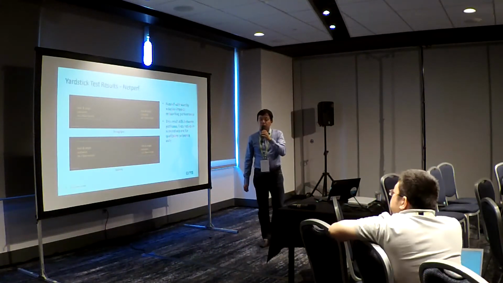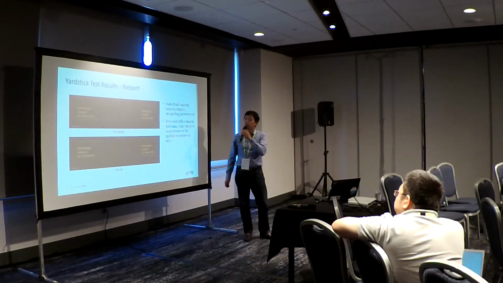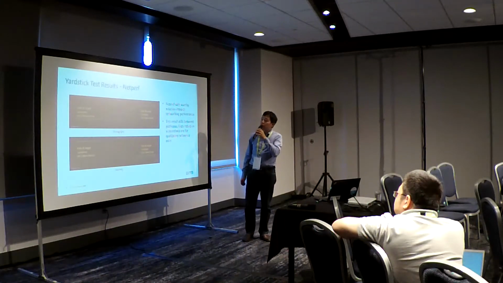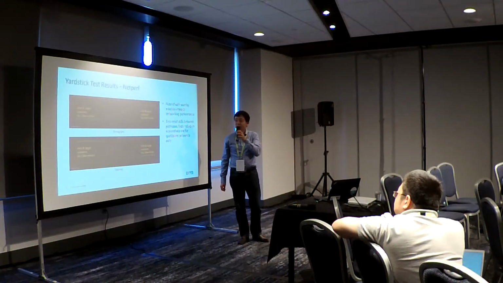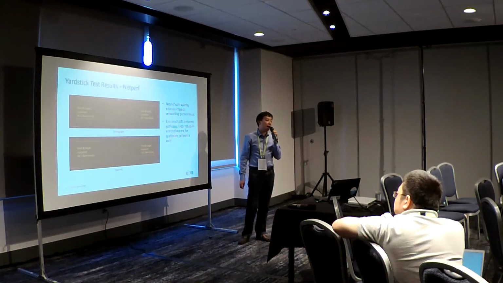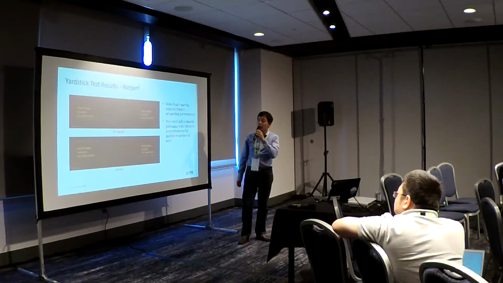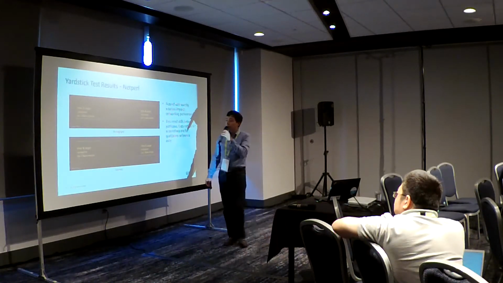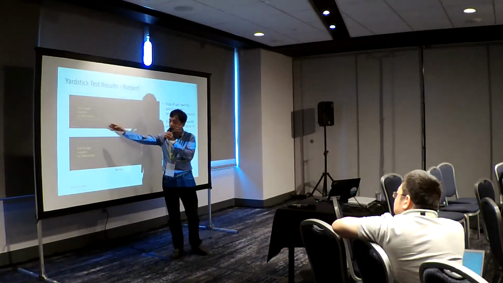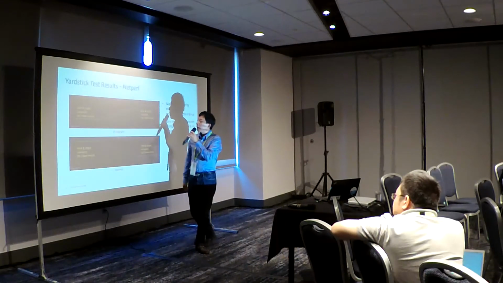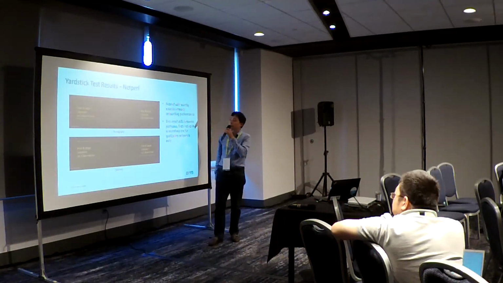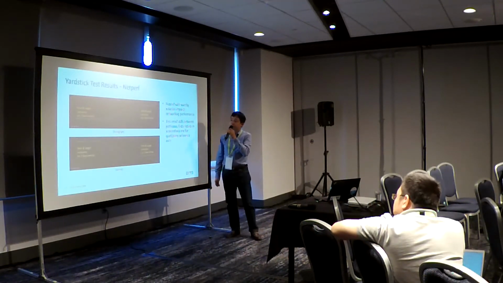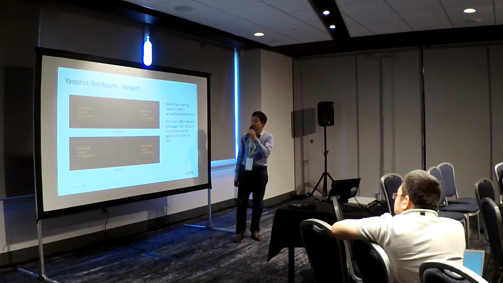And the second test scenario is using Netperf. When using Netperf, we have a similar finding: when the host and the target container are allocated on two different bare metals, we can see the throughput is quite low and the latency is high. When they are on the same bare metal, the throughput gets higher and the latency is reduced.